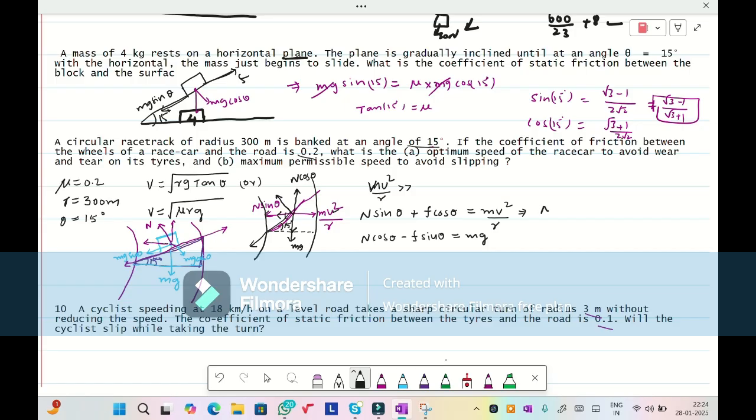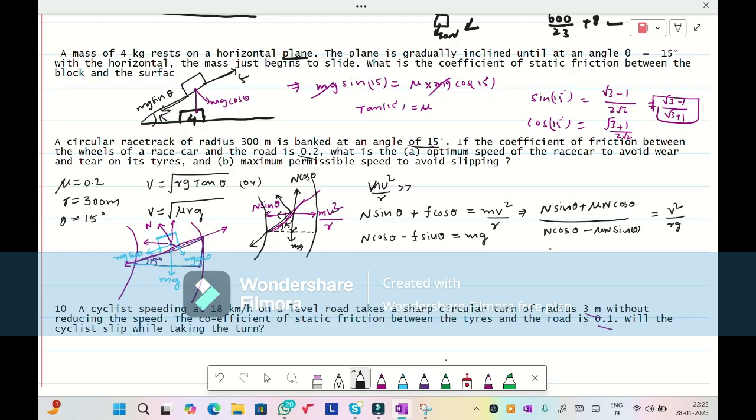Therefore n sin theta plus f, where f equal to mu into n again, so mu n cos theta, by n cos theta minus mu n sin theta, is equal to v square by rg.